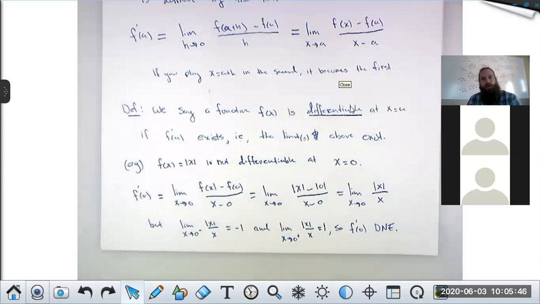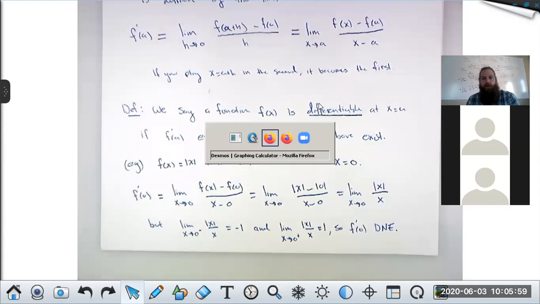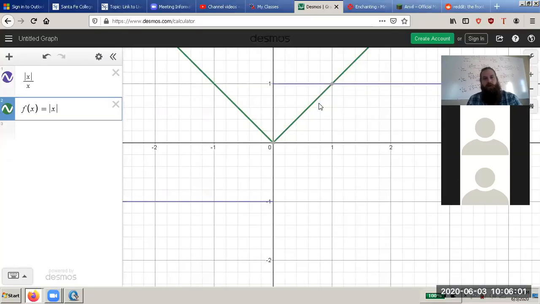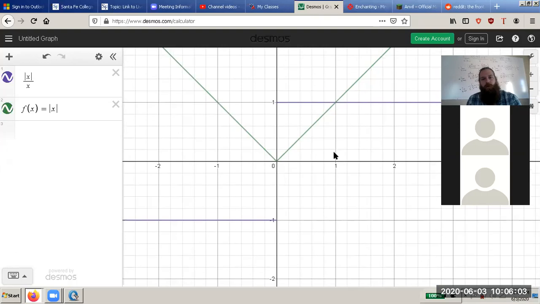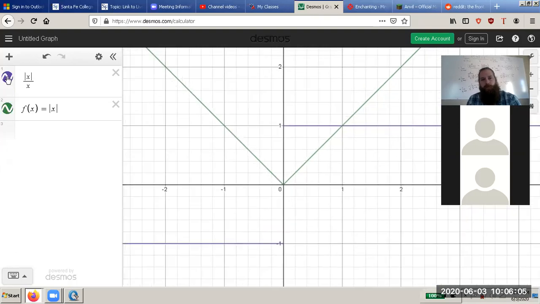Yeah, so Mary has hit on the big one here. If a graph is continuous, is it automatically differentiable? That is a wonderful question. The answer is no. The green graph is the graph of the absolute value function. It is continuous at every point in its domain, including at 0.